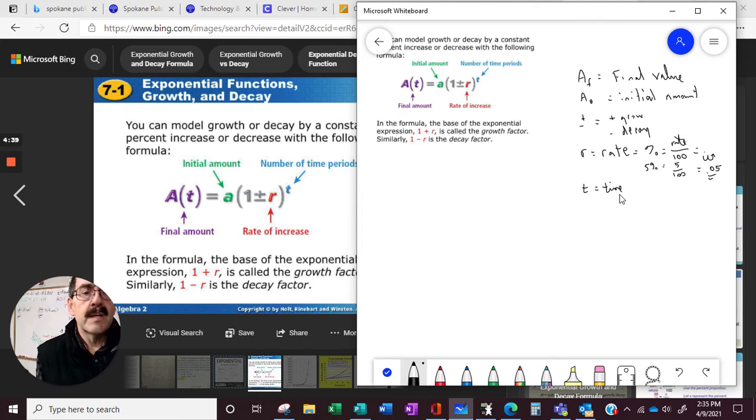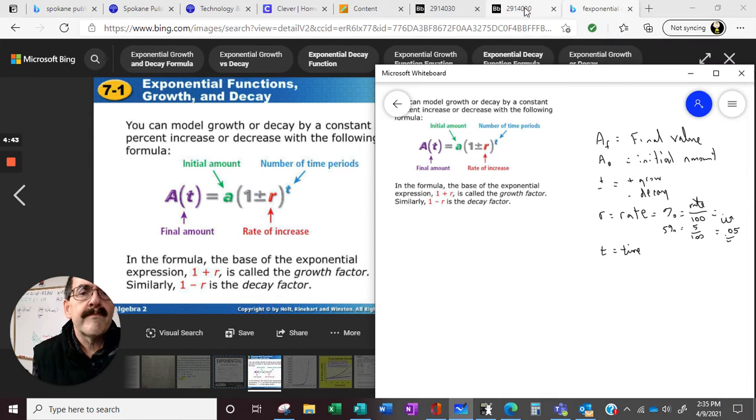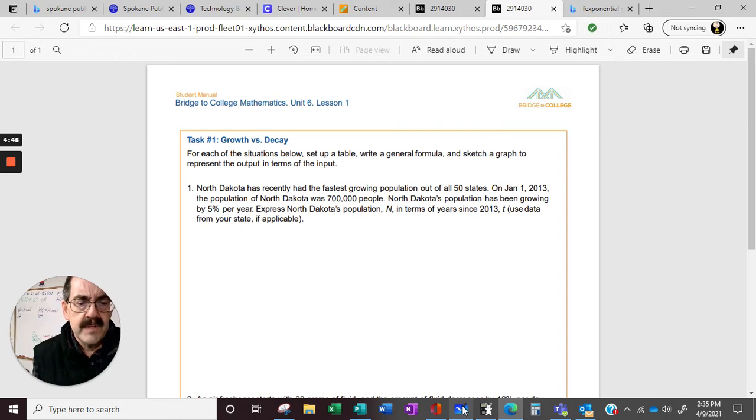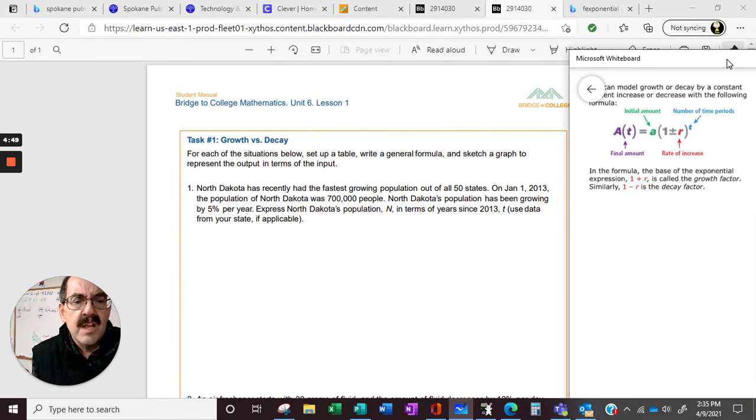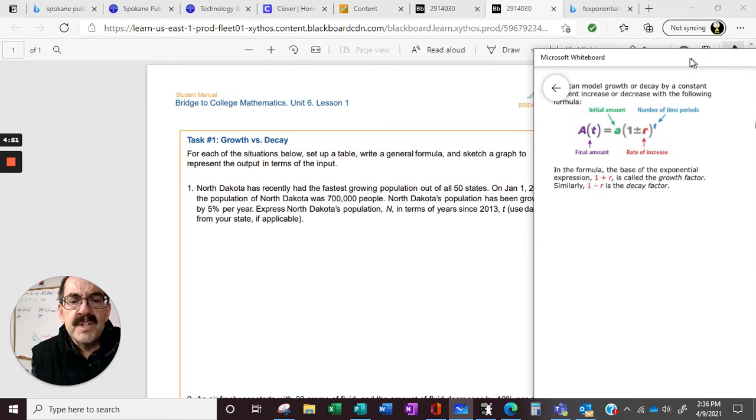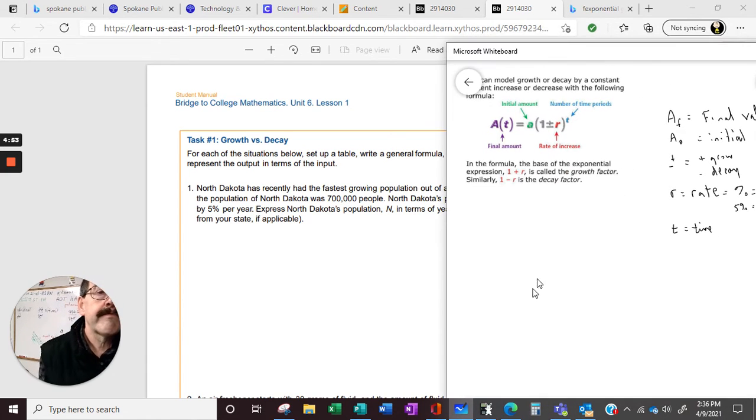Let's go back and see the first problem. Our first problem was 700,000 and 5%. For problem number 1, the final value is going to be the 700,000, the initial value. It's a growth, so 1 plus 5%. So what do we have?